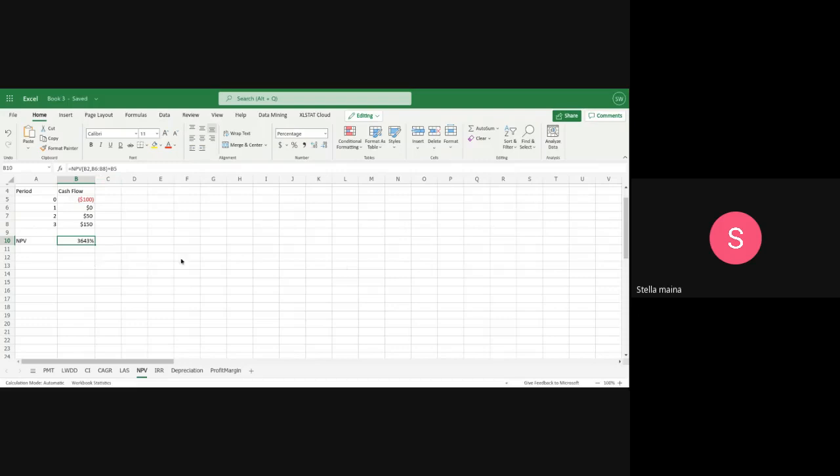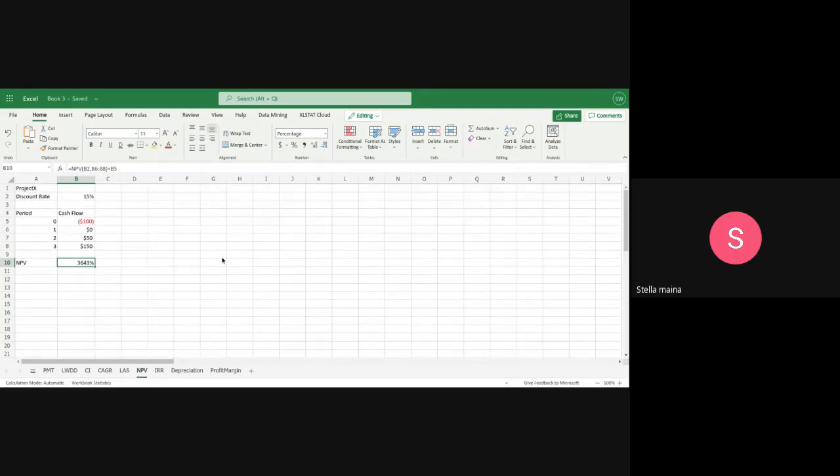That is, if you put your money where the investment gives you a discount rate or an interest rate of 15%, that's how much money you will be able to have. That will be your net present value.